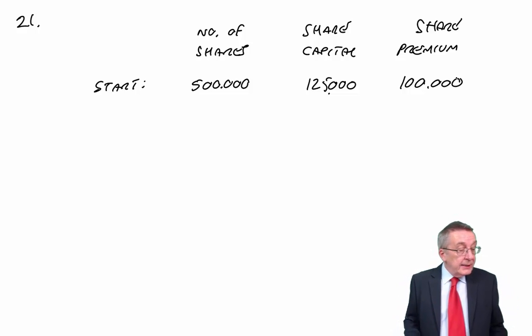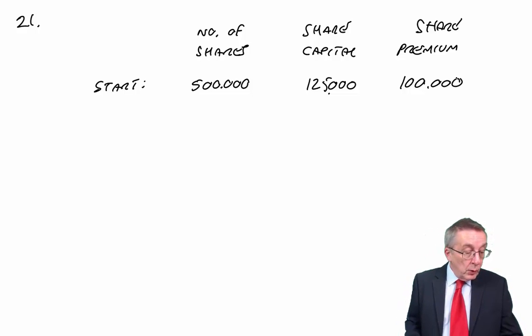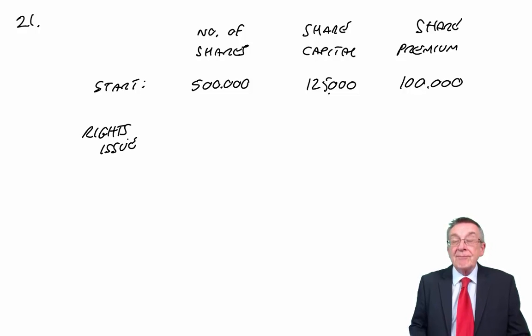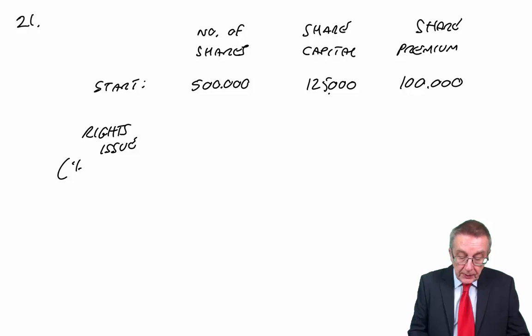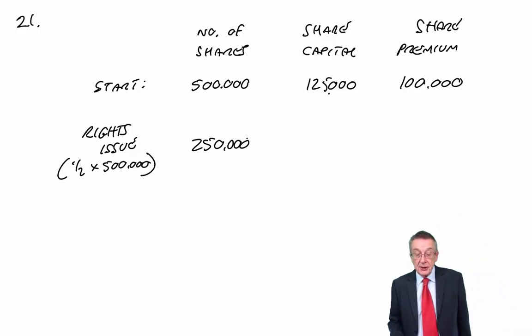In the year ended December X5, we made a rights issue of 1 share for every 2 held. Well, if it's 1 for every 2, it's 1 divided by 2 of the 500,000 shares in issue. So there'll be 250,000 new shares issued.